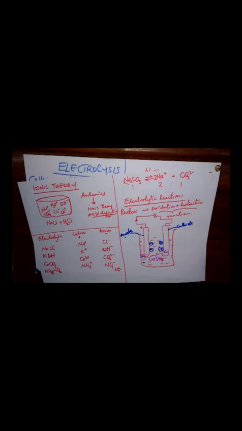So I just gave an example of what actually happens when the electric current is passed through a solution of copper sulfate or any other thing you may be talking about. Now I want to talk about the electrochemical series, before we talk about any other thing.